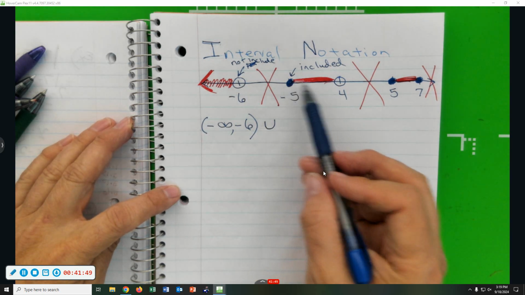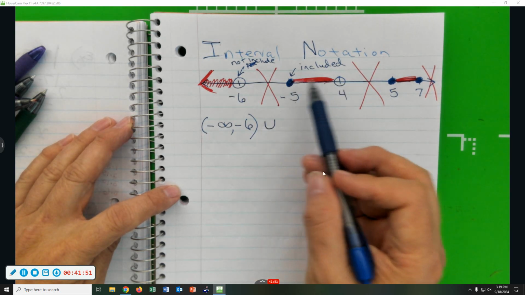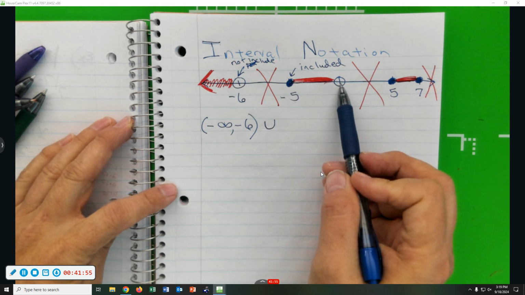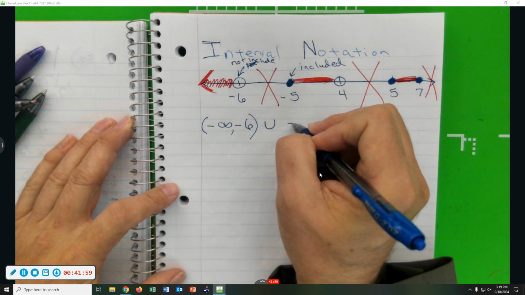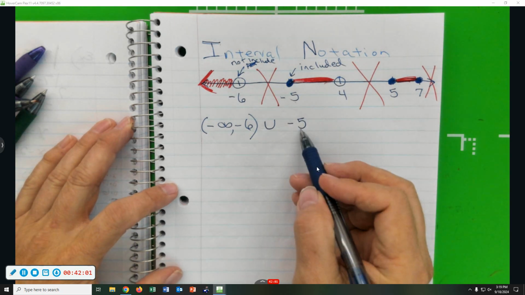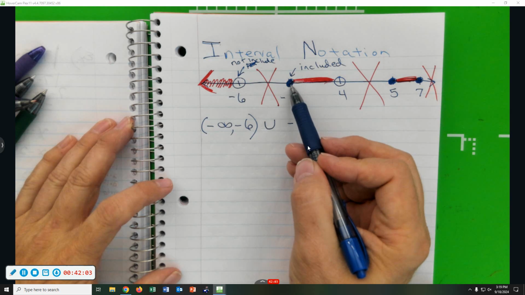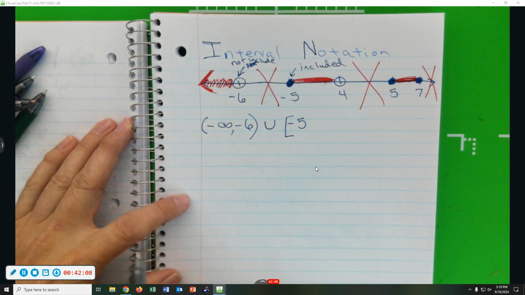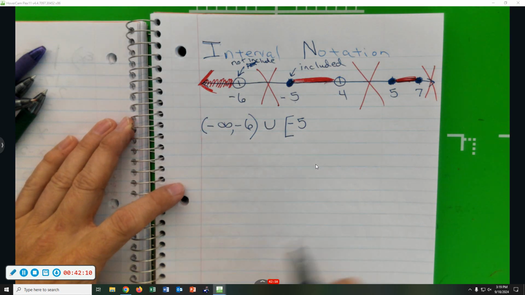Now the next interval. You go from the left-hand endpoint to the right-hand endpoint. You go small to big. So the left-hand endpoint is -5, but notice how it's closed there. So we're going to put a rectangular bracket in front of that -5.